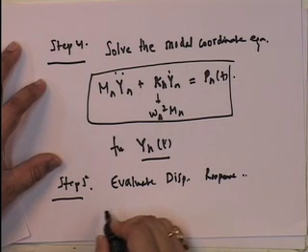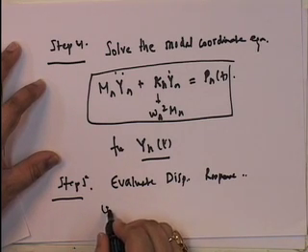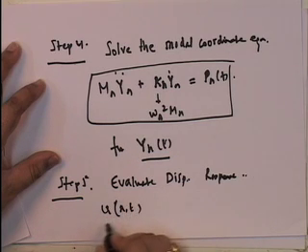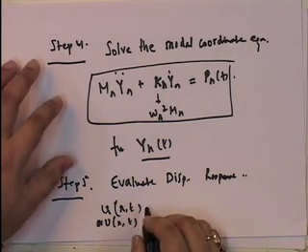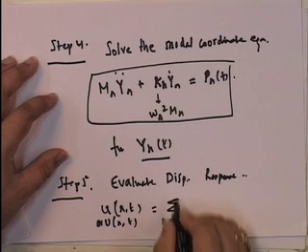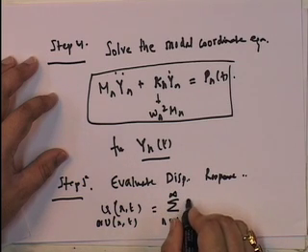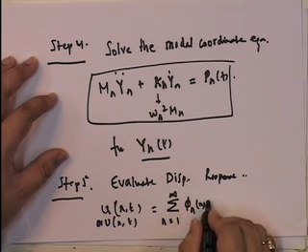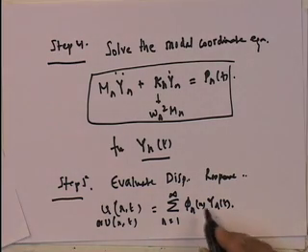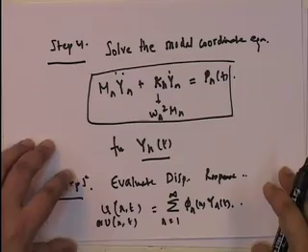For example, either u of x and t or v of x and t is equal to the sum over n equal to 1 to infinity of phi n of x yn of t. So you know phi n of x, and you can get that. That gives you your displacement response.